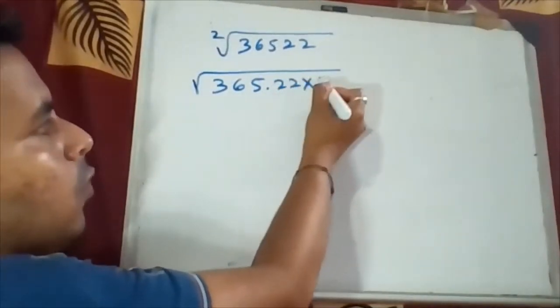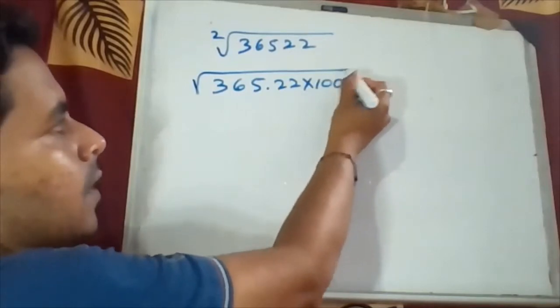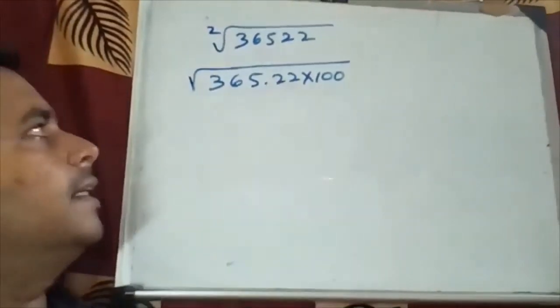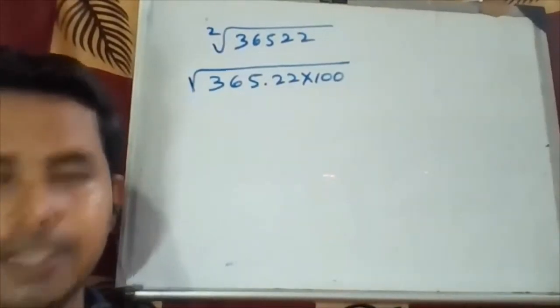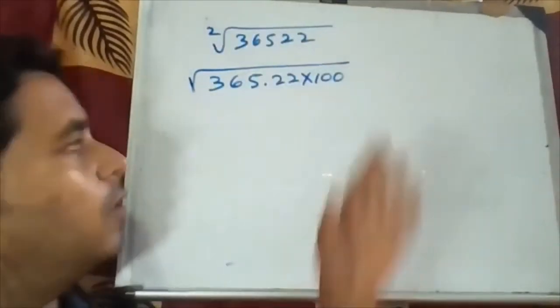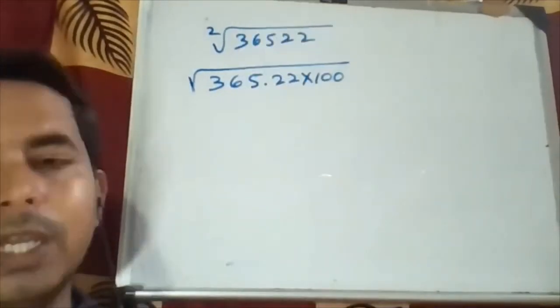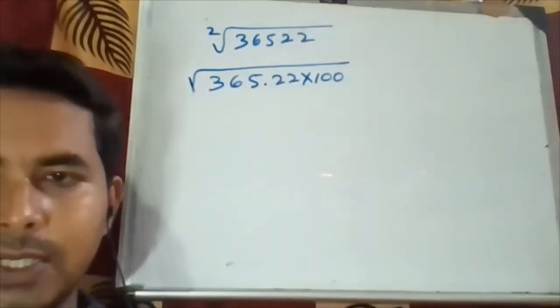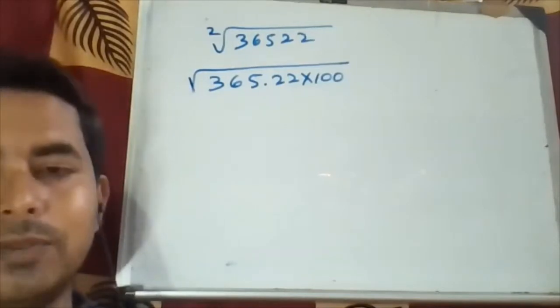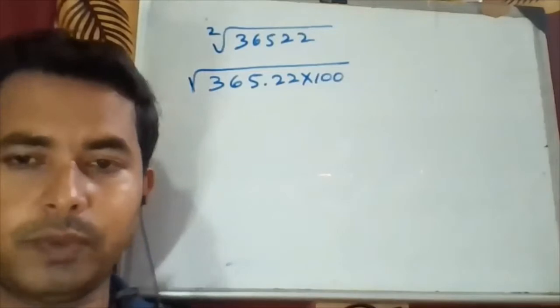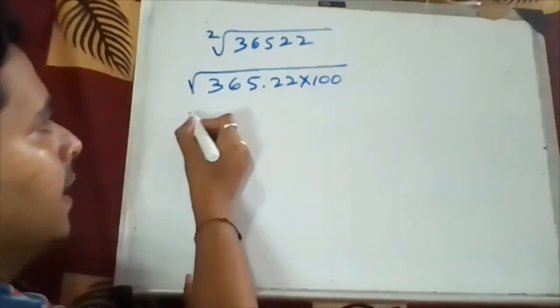365.22 into 100. I'll write the given question in this form: 365.22 into 100. This is the same as the above question, because if you multiply by 100, the decimal will shift and you'll get the same 5 digit value. So we'll change it like this. What is the square root of 100? That is 10.